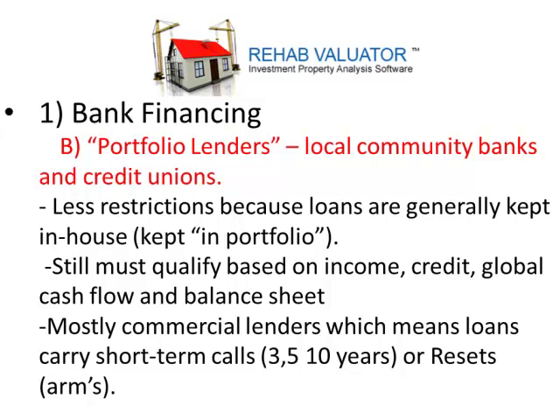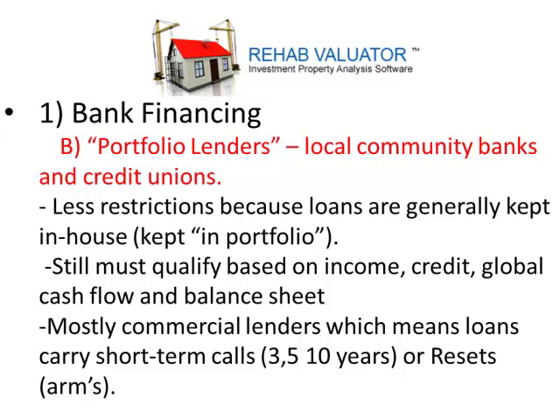Now, these are really classified as commercial lenders. So you're not going to get a 30-year fixed rate, low interest rate mortgage from these guys. They're smarter than Fannie Mae or Freddie Mac. That's why a lot of them are still in business and doing well. They don't want long-term fixed interest rate exposure.